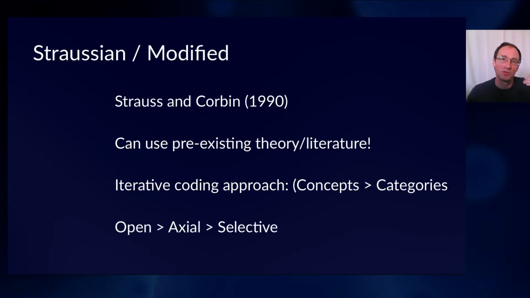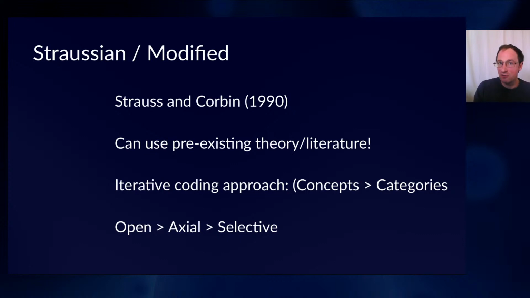So we'll then look at the Straussian modified grounded theory, which comes out with a Strauss and Corbin paper from 1990, but many others since then. This is quite a similar approach in many ways.